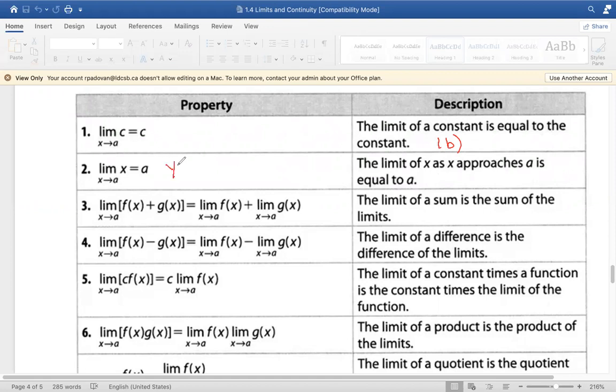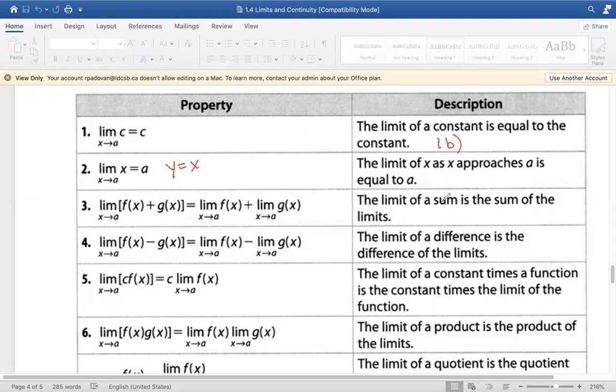So I have y equals x, right? And the limit exists. What about 3? The limit as x approaches a of f of x plus g of x is the same thing as taking the limit of f of x as x approaches a, and then taking separately the limit of g of x as x approaches a, and then adding them together.